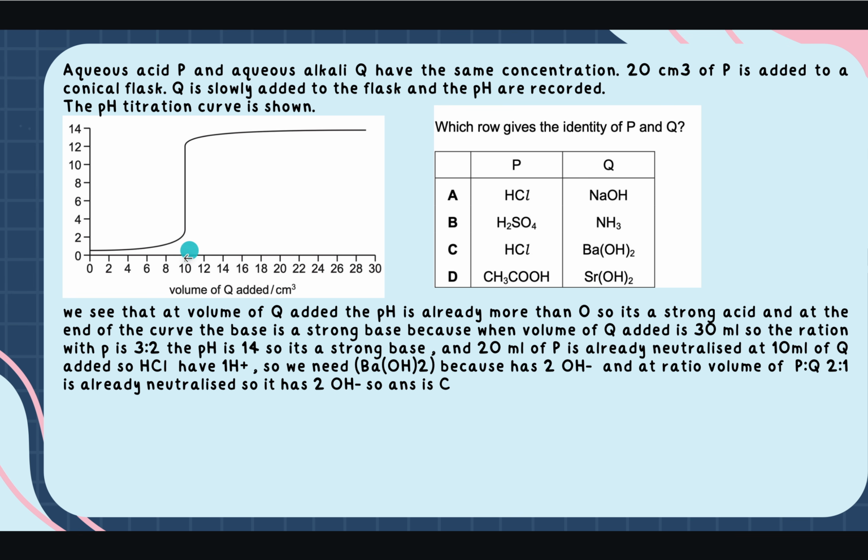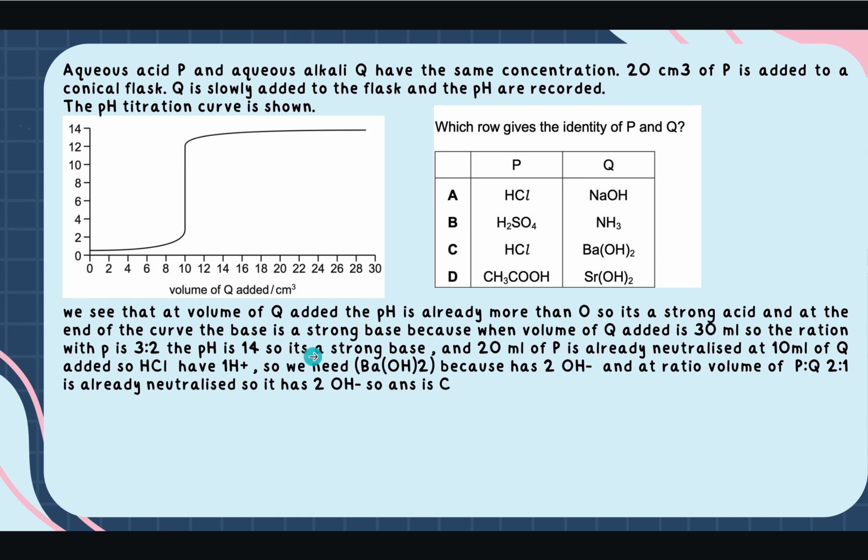And so here we can see that neutralization occurs when the volume of Q added is 10 milliliters. Here we see that P is 20 milliliters. So we know that HCl has 1 H plus.